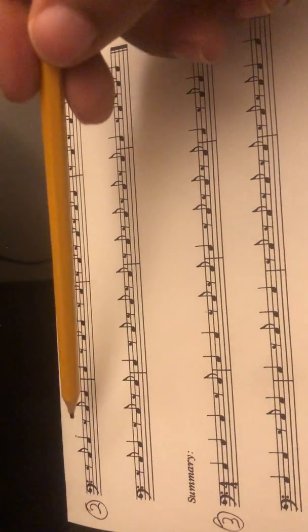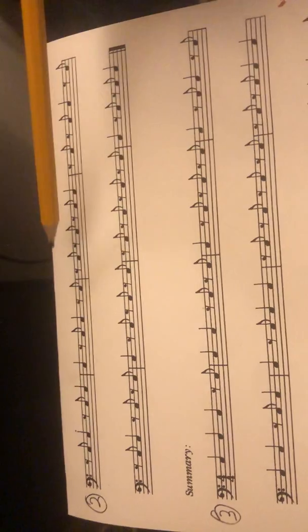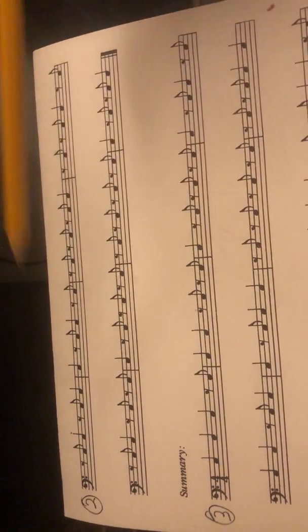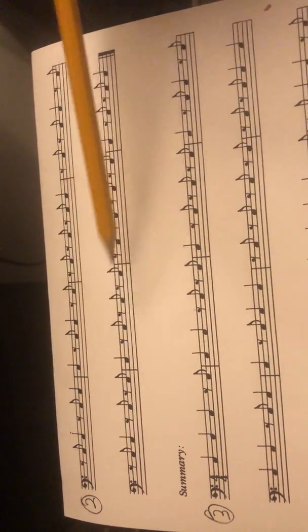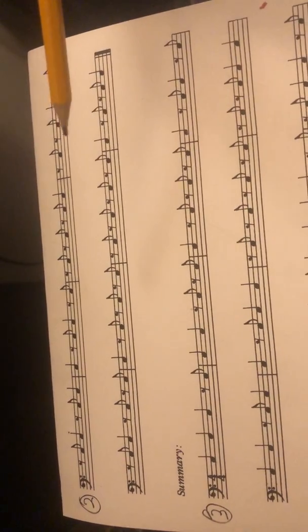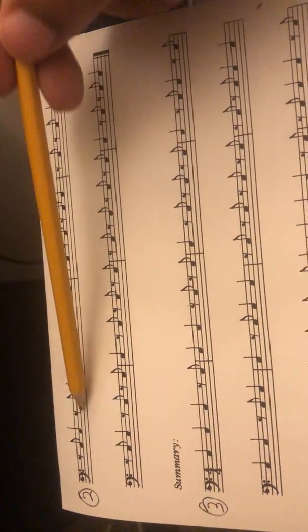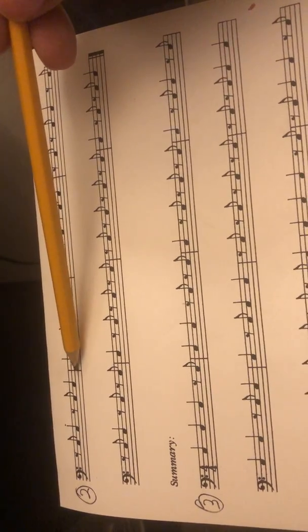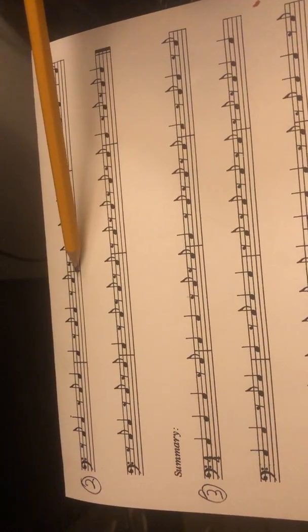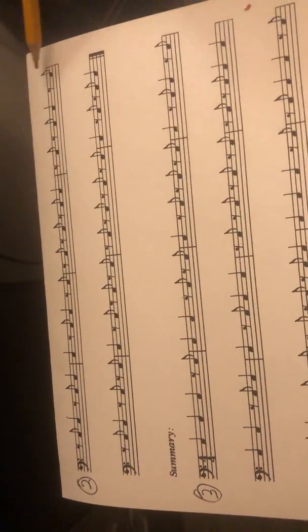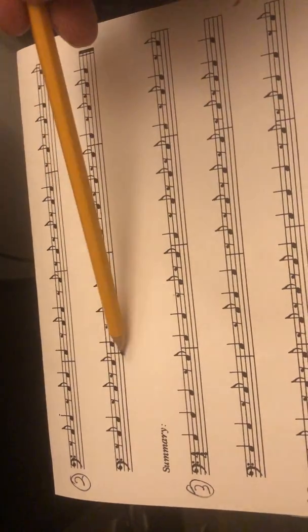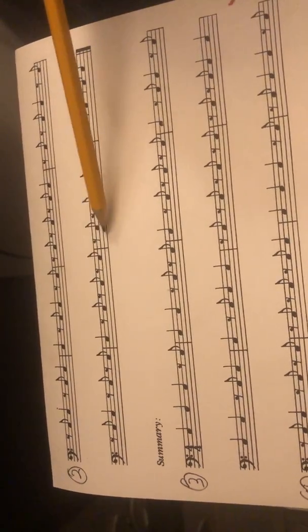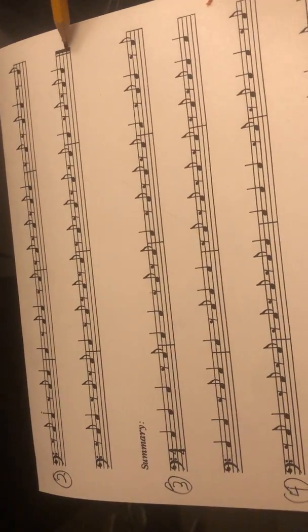So again, we count our measures: 1, 2, 3, 4, 5, 6, 7, 8. Remember, these measures are divided up by bar lines. That's the first bar line completing measure 1, next bar line end of 2, end of 3, end of 4, end of 5, end of 6, end of 7, and the last one 8.